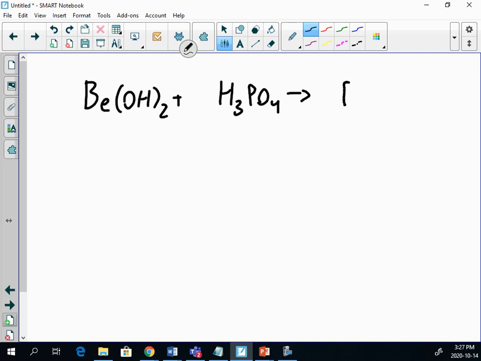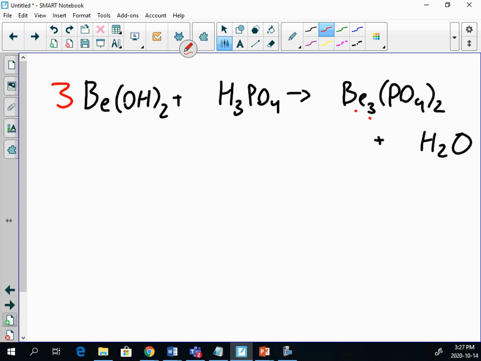And I'm getting Be3(PO4)2, beryllium phosphate, and water. If you think about how to balance this, I can maybe, first of all, take a look at the fact that I've got 3 beryllium here, and put a 3 here, so I get 3 beryllium here. I might also take a look at the fact that I have 2 phosphate here, and so put 2 here to get 2 phosphate here.